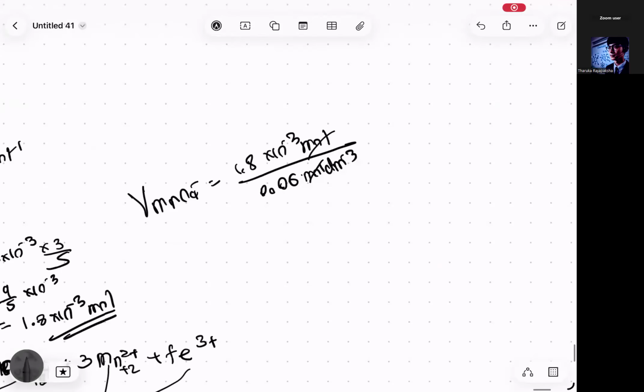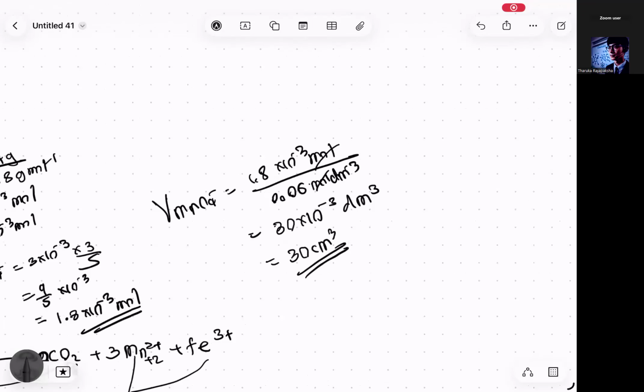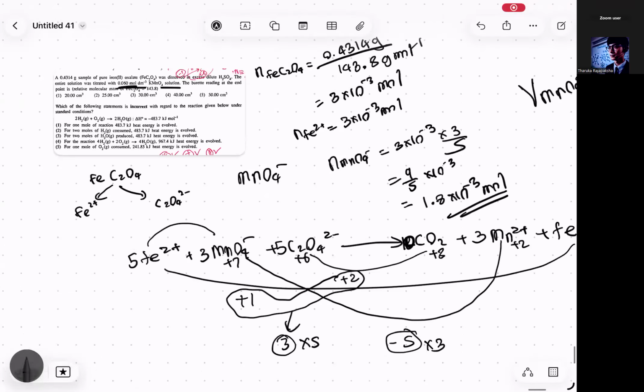So moles and moles cancel. 1.8 divided by 0.06 is 30 into 10 to the power minus 3, and per cubic decimeter comes on top so it will be cubic decimeters. So the answer is 30 cubic centimeters. So there you go, the answer is number 3.